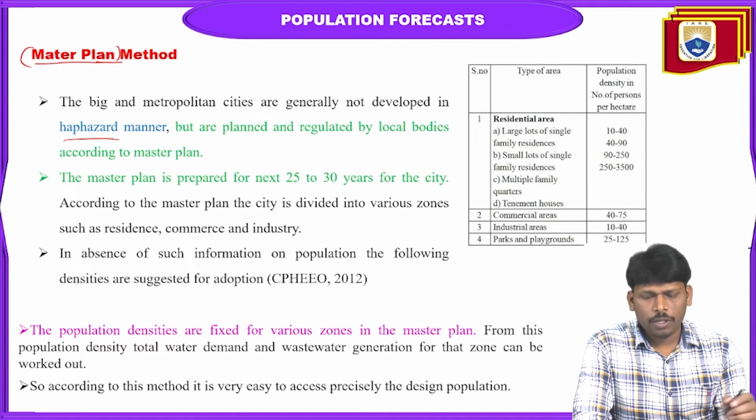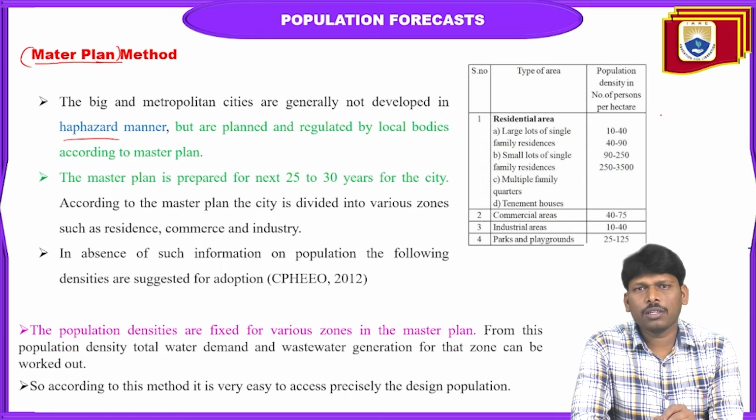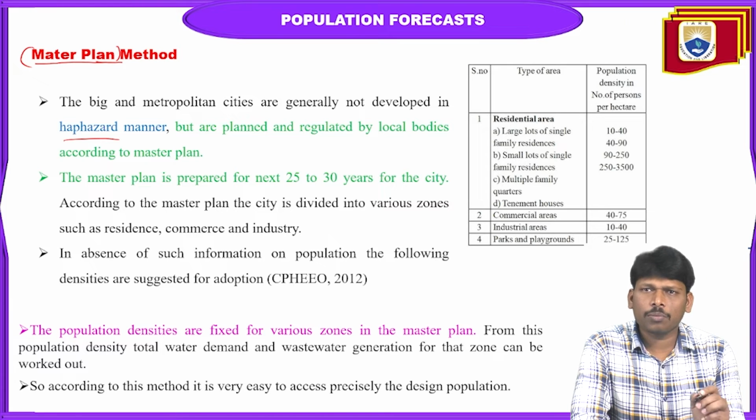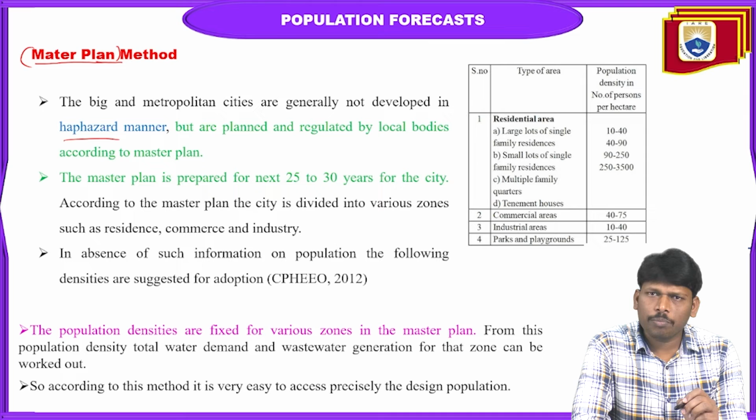For example, if you have some hectares of land, in square meters or square kilometers, then in that particular area we need to allot a part for industry, a part for education, a part for hospitality, and a part for residential use. Like that.